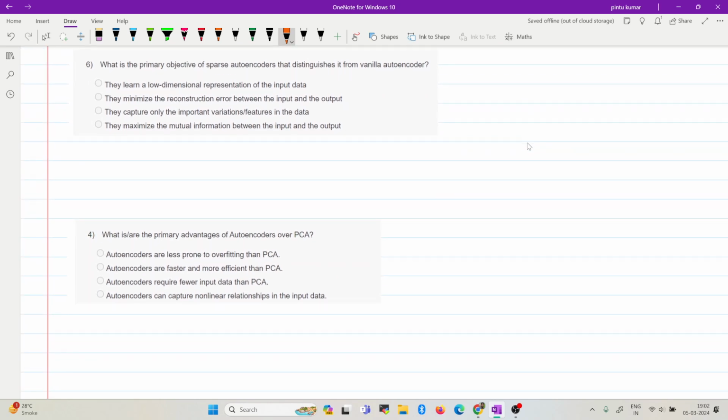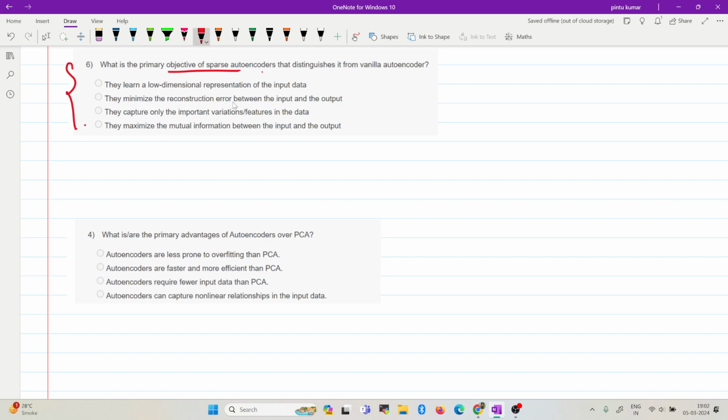The next question is, what is the primary objective of sparse autoencoder that distinguishes it from vanilla autoencoder? Which option do you think is correct for this question? What is the primary objective of sparse autoencoder? Somebody says C. Learn a low dimensional representation of the input data.